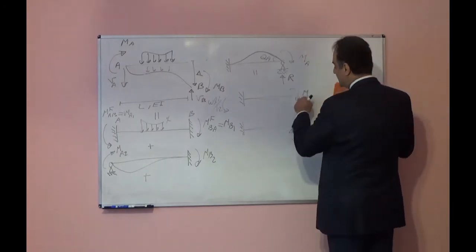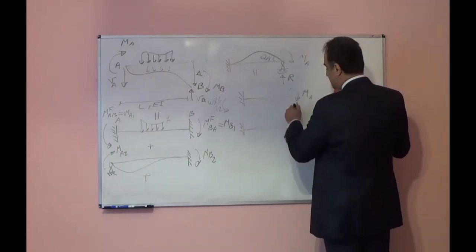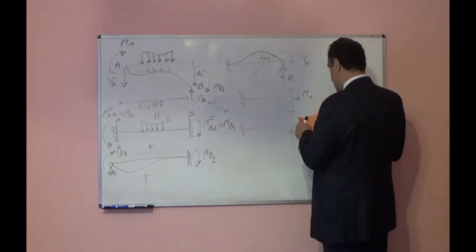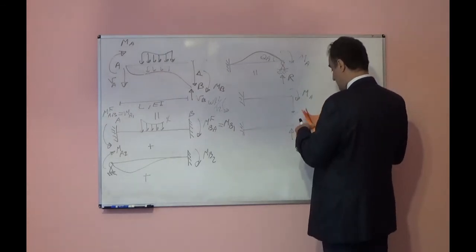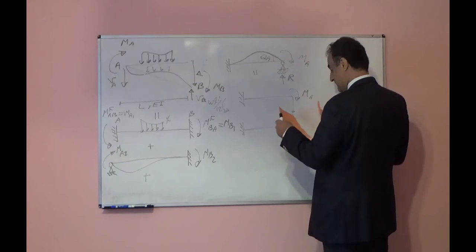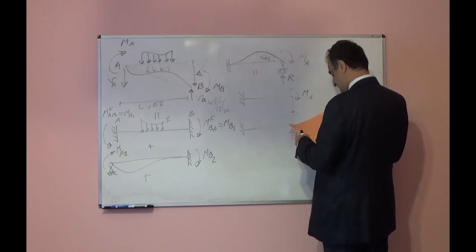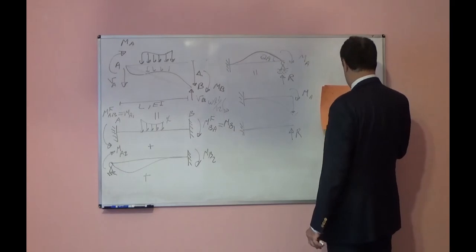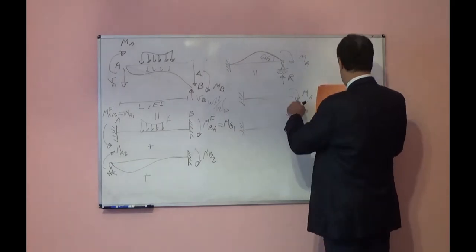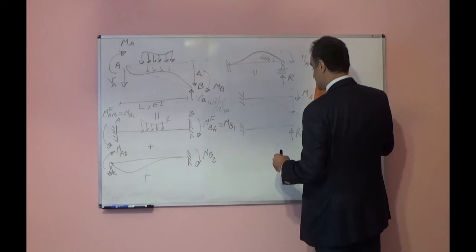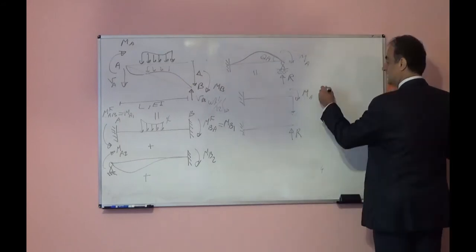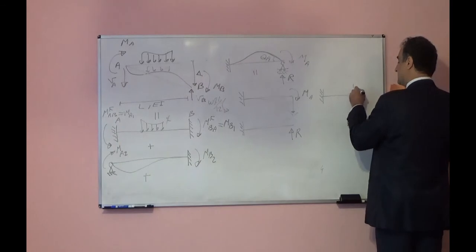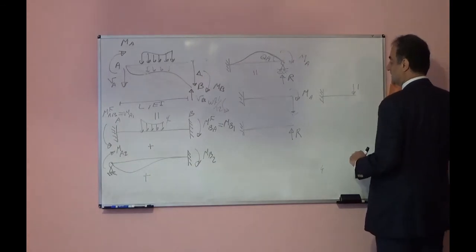If I add moment here, what will be this deflection? Using the virtual work method, you can find that. It is easy to find using the virtual work method. If I add M here and I want to find deflection, I will apply unit load here.